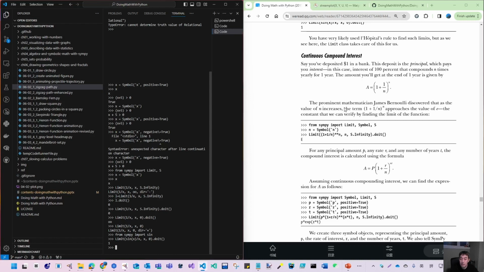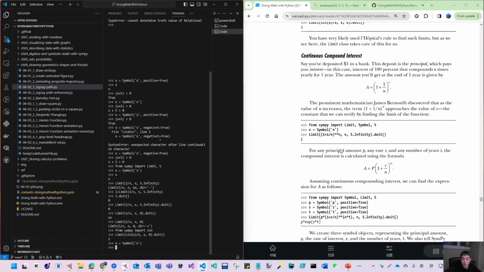The prominent mathematician James Bernoulli discovered the formula. The value, as n is approaching infinity, approaches our interesting constant we call e, the natural constant, which we can verify by finding the limit of this. We have imported symbol and S already, so we can directly build the n symbol.